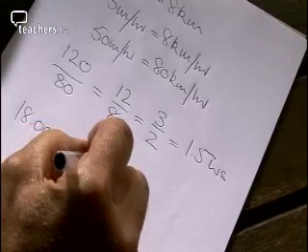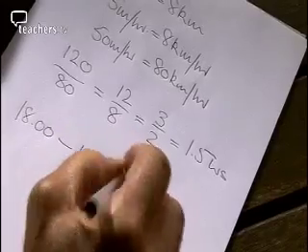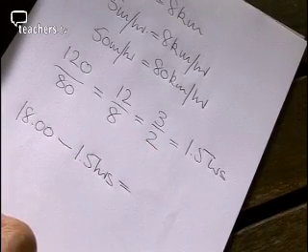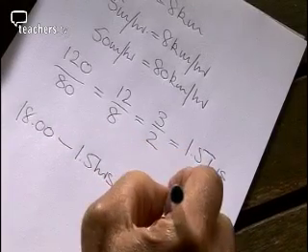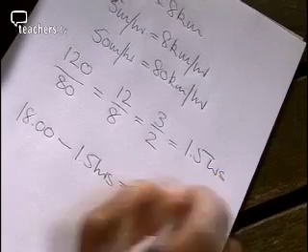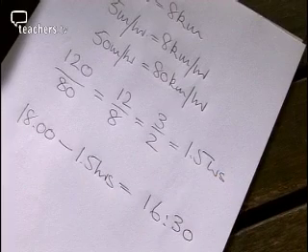So 1800 hours minus an hour and a half is going to be equal to 1630. That is the latest time we can leave Brussels in order to be in Ostend at the correct time.